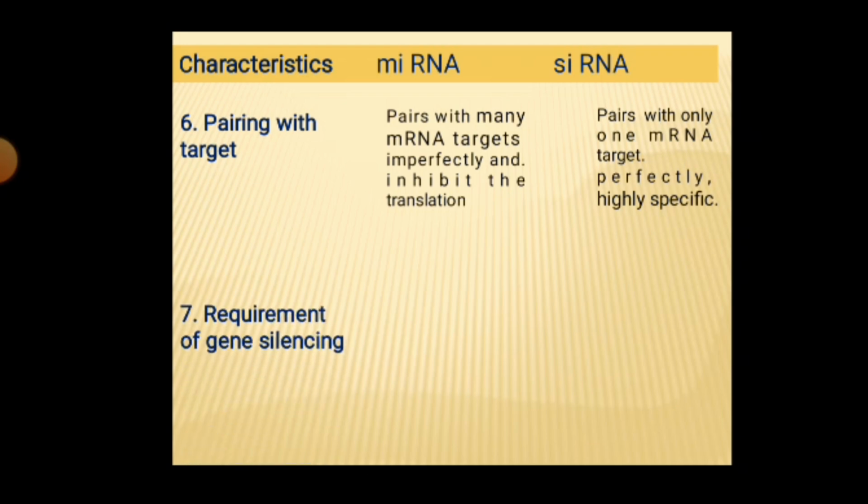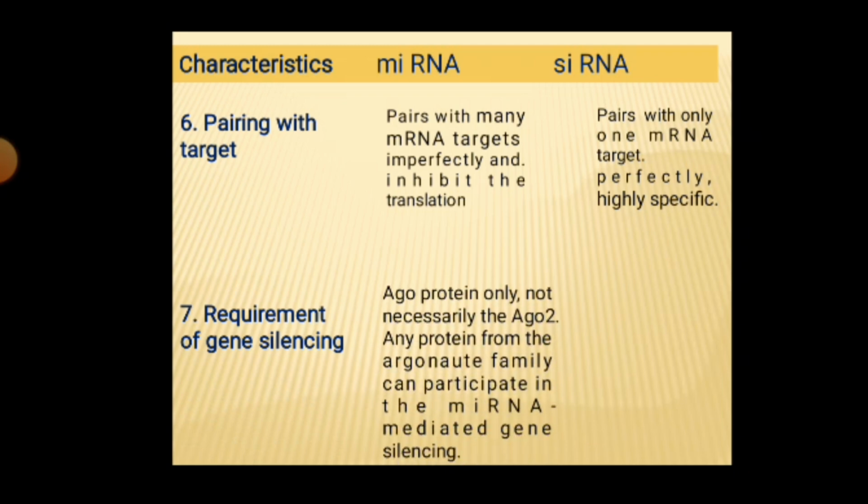Next is requirement of gene silencing. AGO protein only, not necessarily the AGO2. Any protein from the Argonaute family can participate in the miRNA mediated gene silencing. Whereas in case of siRNA, only the AGO2 protein, that is the Argonaute protein 2, is required.